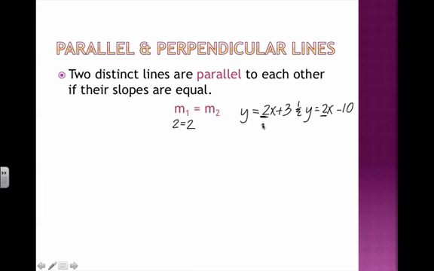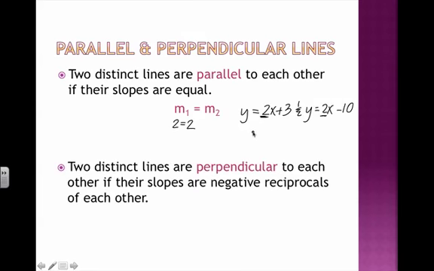to each other. We can also determine if two lines are perpendicular to each other if they are negative reciprocals of each other. So for example, if our first slope is the negative reciprocal of a second slope, then these lines are perpendicular to each other.